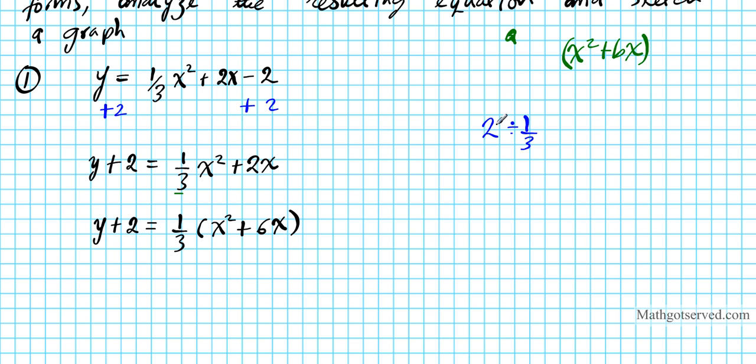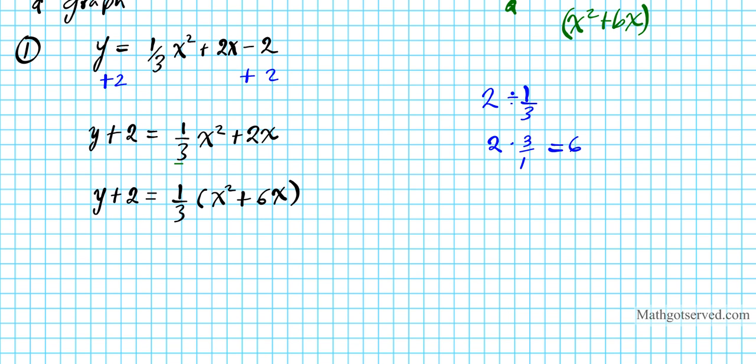To divide by 1/3 is the same thing as to multiply by its reciprocal, which is 3/1, which gives 6. Every time you divide by a fraction between 1 and -1, you're going to get a bigger number. Notice that 1/3 times 6 is 2.